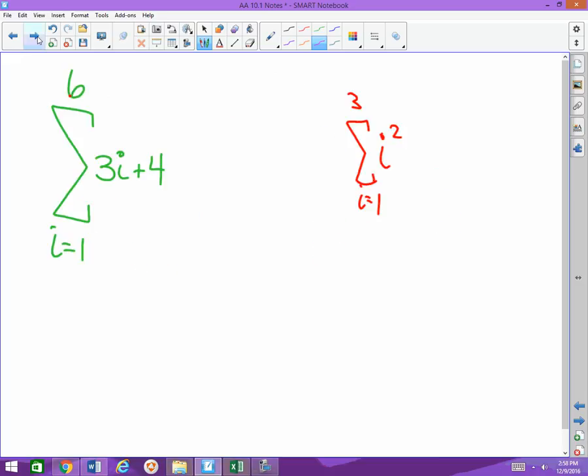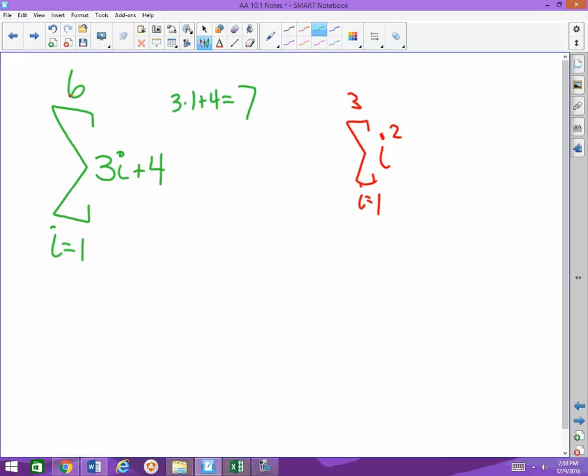Now other times they may not give you the terms and instead give you an expression. So this says add up the terms from term 1 through term 6 where you have 3i plus 4 as your equation. So we would have to take 3 times 1 plus 4, and that is 7.